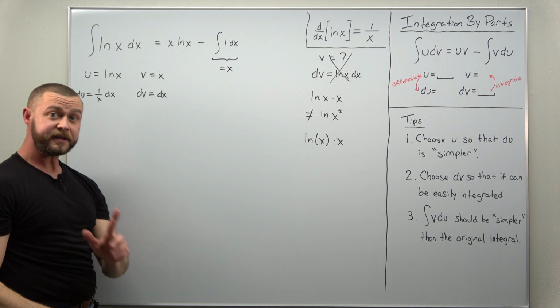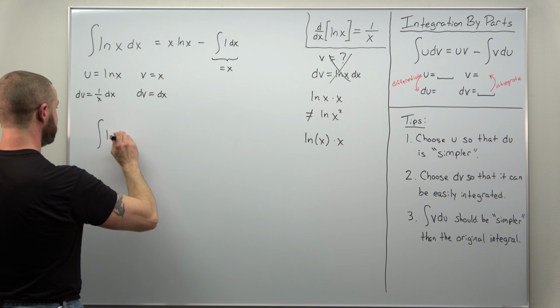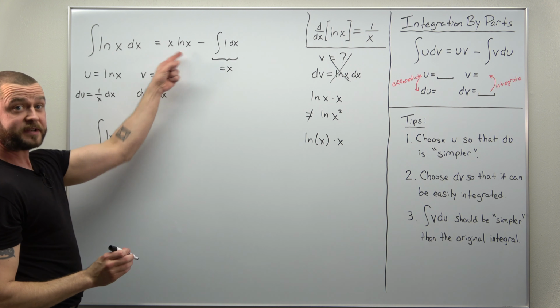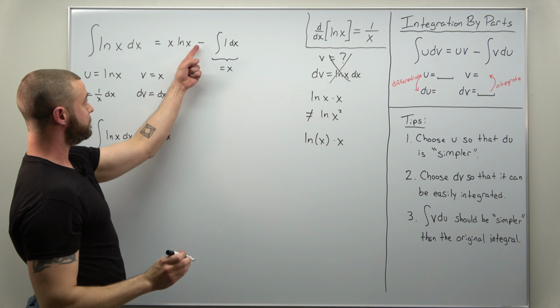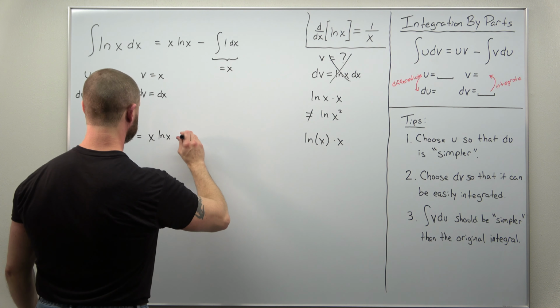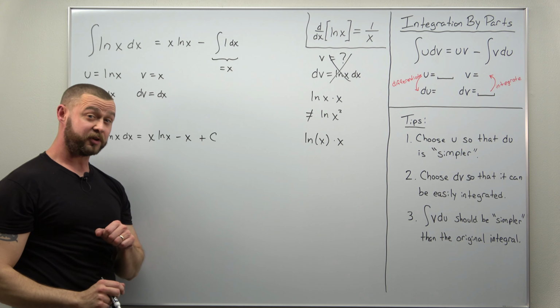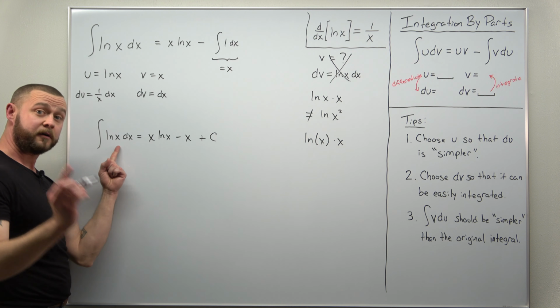Just carry your work down, and what we find here is the antiderivative, or integral, of natural log of x equals x natural log of x minus x. And of course, don't forget your plus c. And that's how we find an antiderivative for natural log of x.